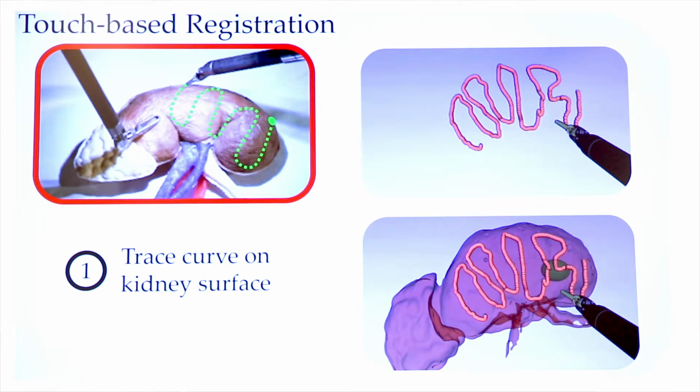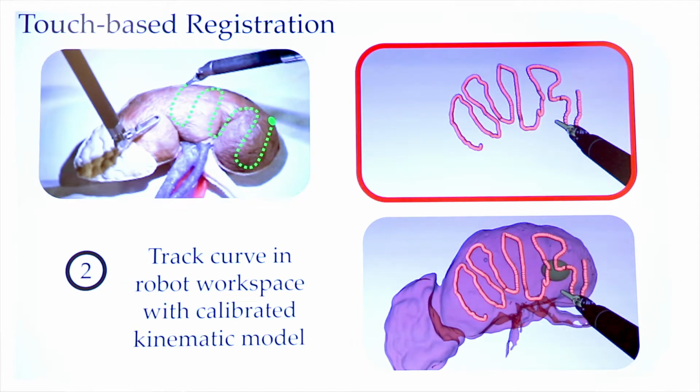Now that we can track our instruments, we are using them to perform a touch-based registration, which works as I'm about to describe. We have the surgeon lightly trace a curve on the surface of the kidney, which we are also simultaneously tracking in the robot's workspace using the calibrated kinematic model that I mentioned.